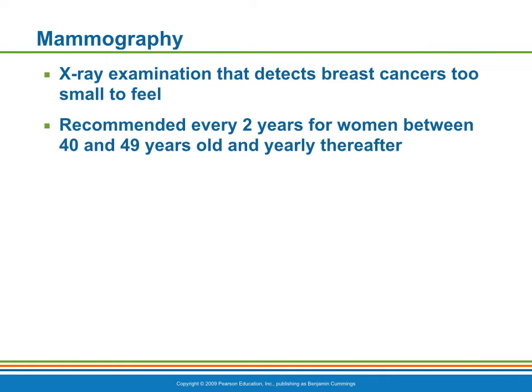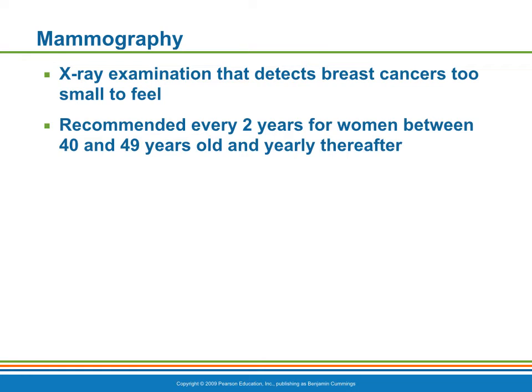It's recommended that females from the age of 40 to 49 have a mammogram every 2 years. Now it says 2 years here, but I think that's been changed to yearly from the age of 40 on. This is where they can detect breast cancer.